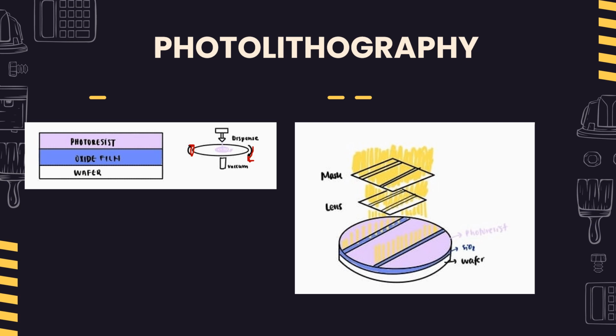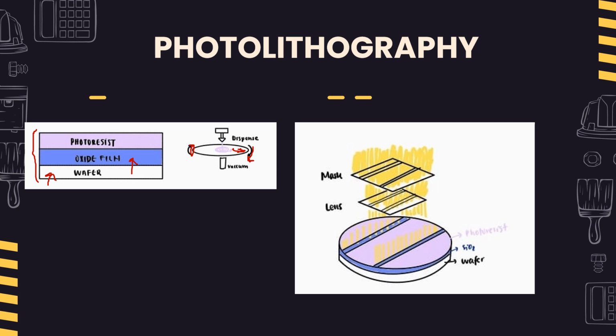Then the centrifugal force will cause the photoresist to expand uniformly through the surface of the wafer. And here's a sketch of how the result would be with the wafer, then the oxide film that we created thanks to oxidation, and finally the photoresist substance.